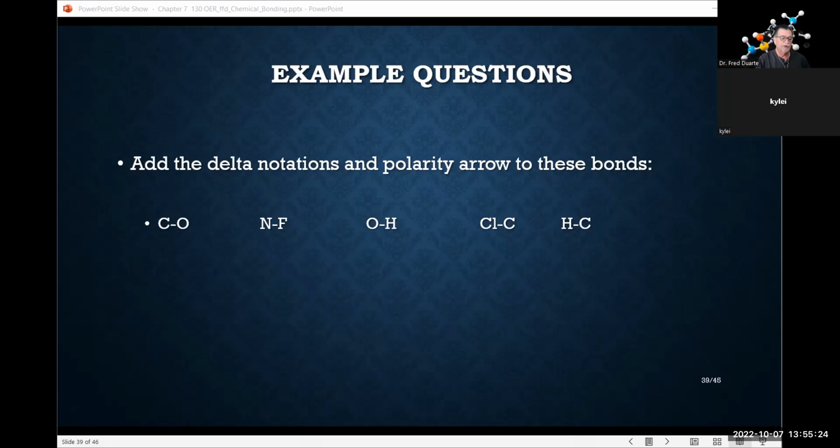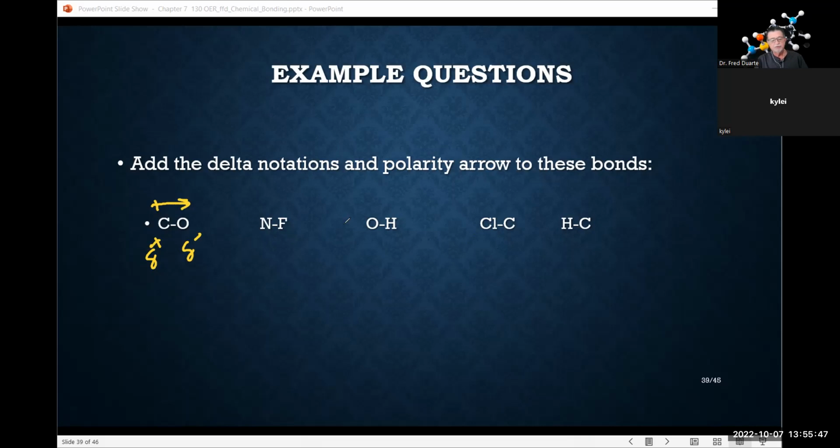Find its position on the periodic table, and oxygen is a lot more electronegative than carbon because oxygen is closer. And so we can draw the arrow from left to right, okay? Which means partial negative on the oxygen, partial positive on the carbon.